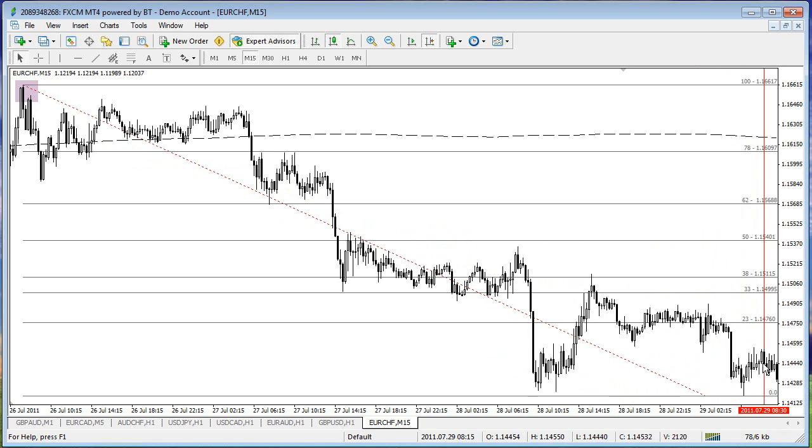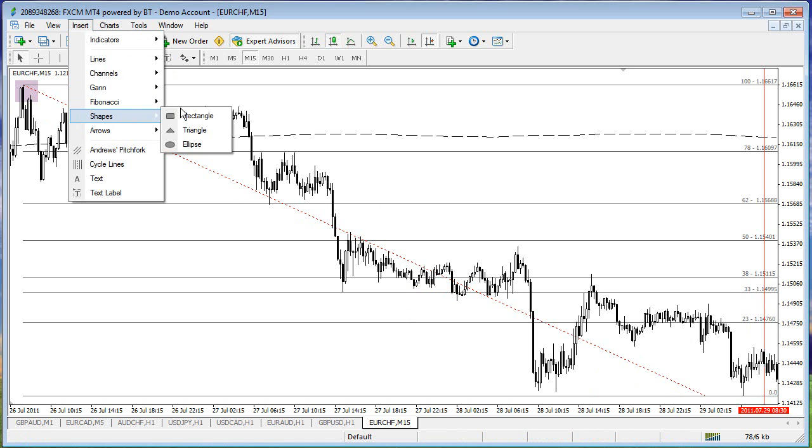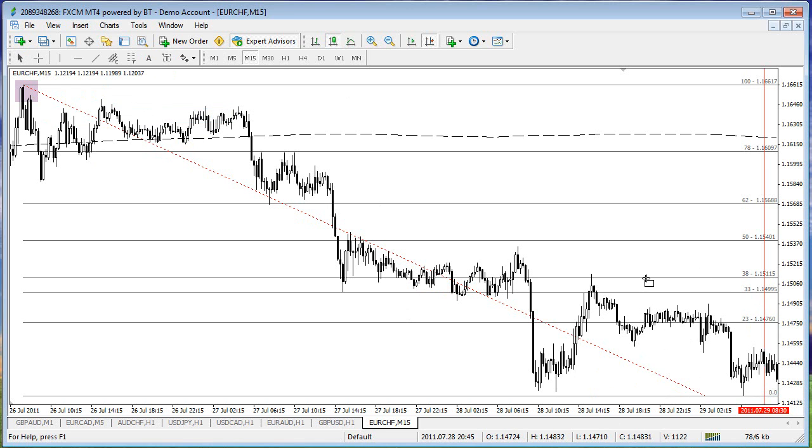You can see here that that level is reached down here, and I've extended my fib tool from left to right, and it now shows a 23% retracement. At this level, 33%, 38%. The levels that we are interested in are between the 23 and the 38, and I've drawn a purple area right inside that zone.